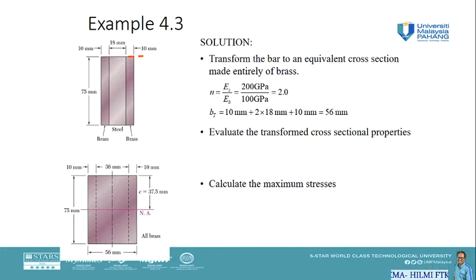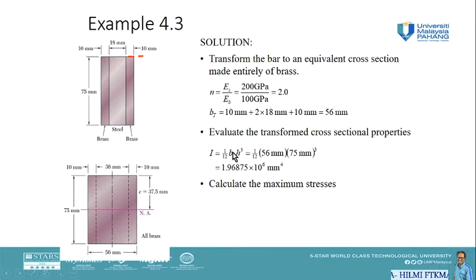Note that this change in dimension must occur in a direction parallel to the neutral axis. We know that the neutral axis is at the center of the height, 75/2. The moment of inertia of the transform section about its centroidal axis would be I equal to 1/12 b h cubed, the moment of inertia for a rectangle.